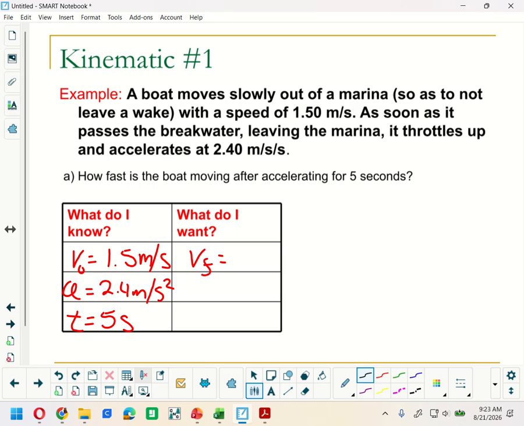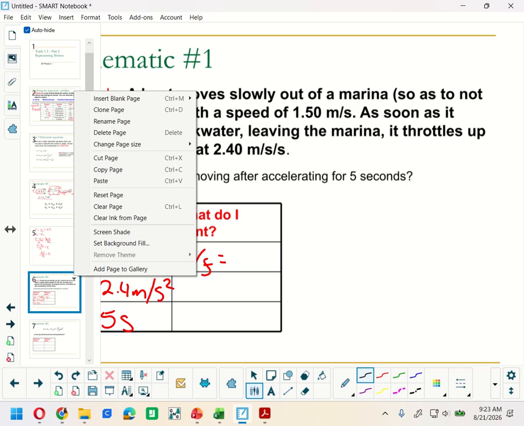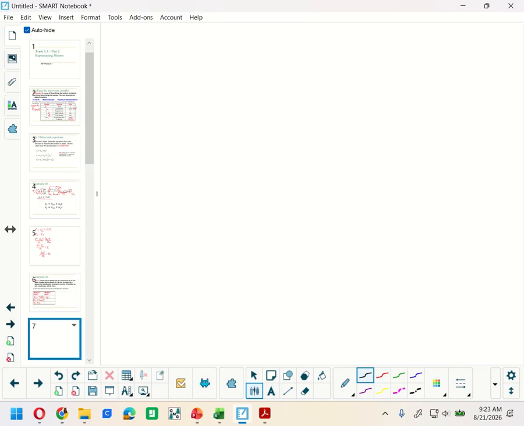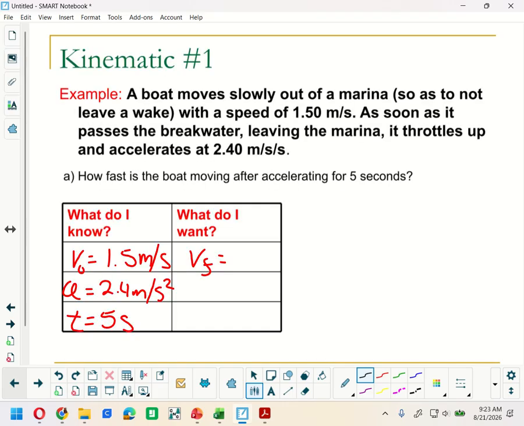All right, so I'm going to write this out. Hold on. I'm going to make some more room here. All right, so my formula here. I'm going to write out the formula.